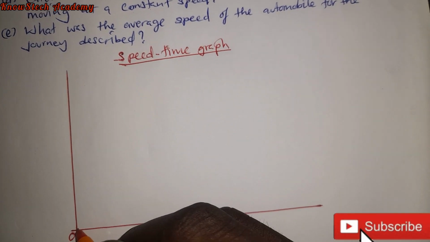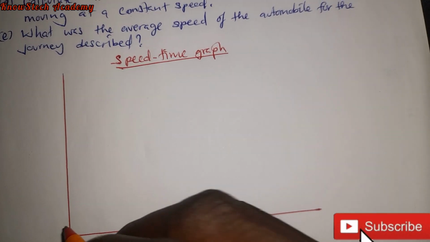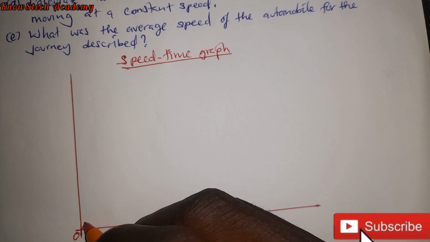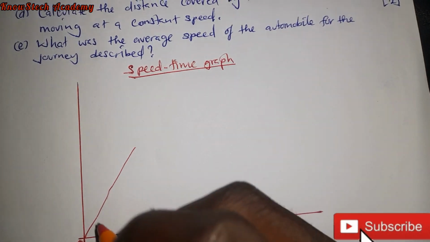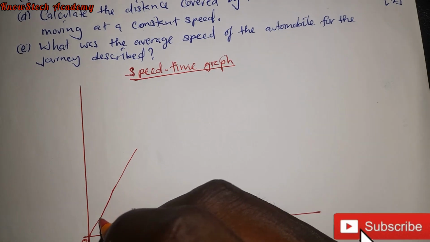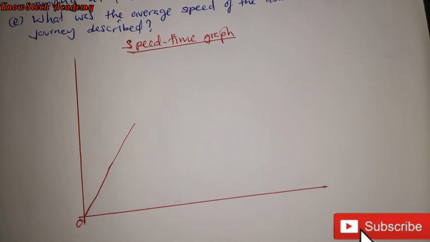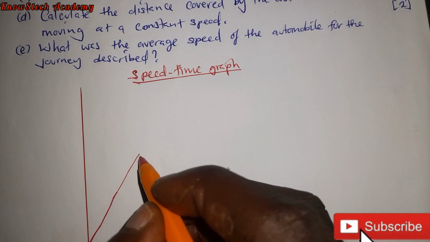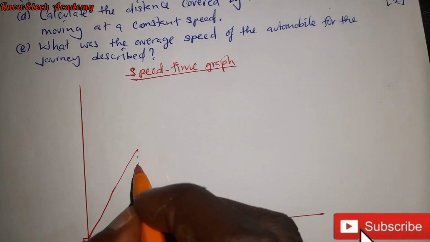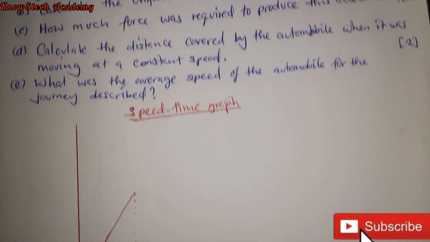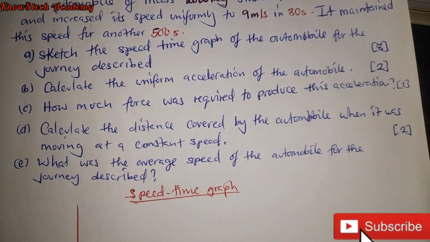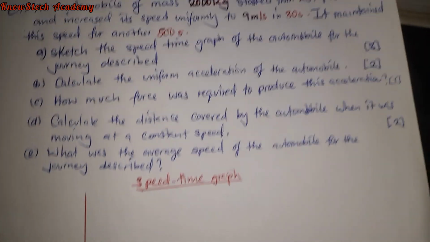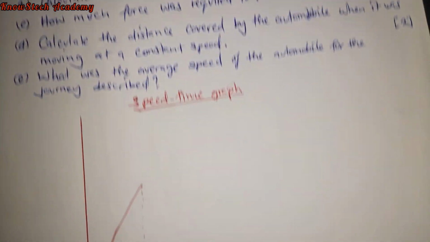So make sure you use the ruler. I'm using a free hand because the other hand is holding the camera. So this is supposed to be straight. You use your ruler. They're saying it reaches the speed of 9 meters per second.